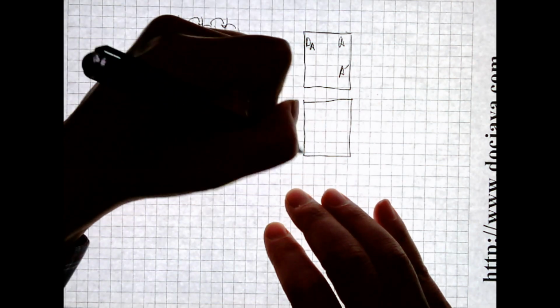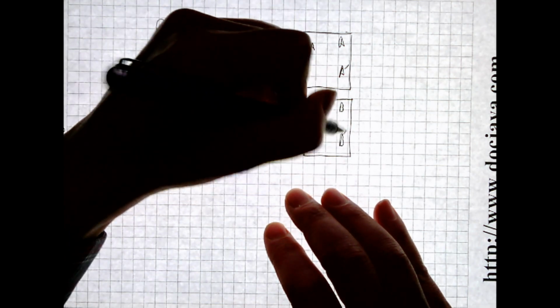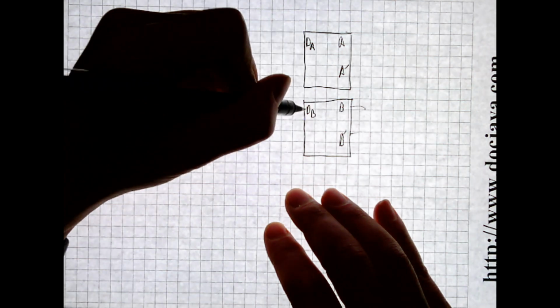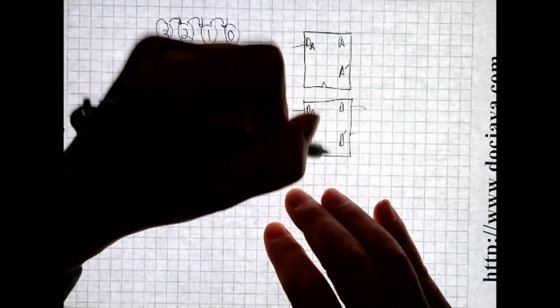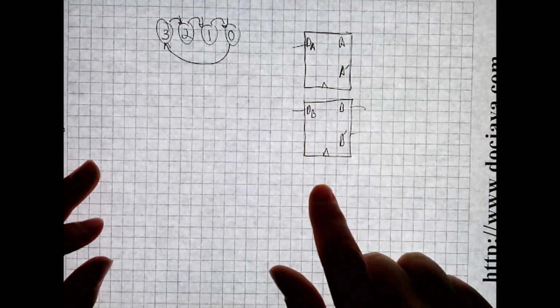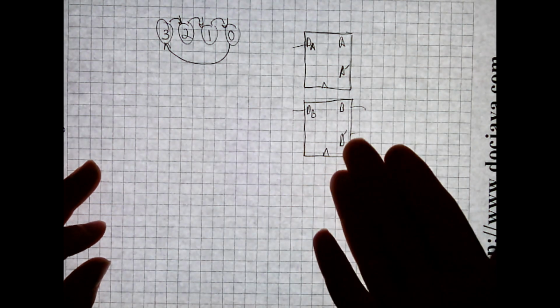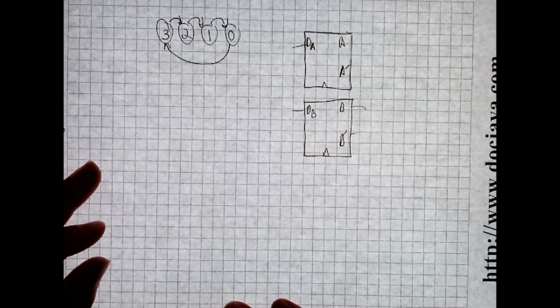And here we'll have D sub B with B and B prime. And these both have implicit synchronous clock inputs, which I'm not going to draw. And now the question is, how do you hook it up in order to build a counter that counts down from 3?